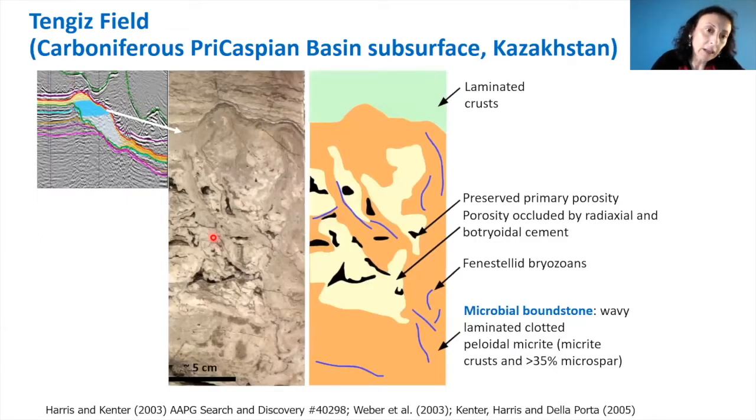And a detail of the Tengiz upper slope boundstone is shown in this core image with irregular laminated accretionary growth form made of clotted peloidal micrite associated with fenestellate bryozoa, isolating centimeter-sized primary cavities filled by botryoidal aragonite, and some porosity in this case is still open.